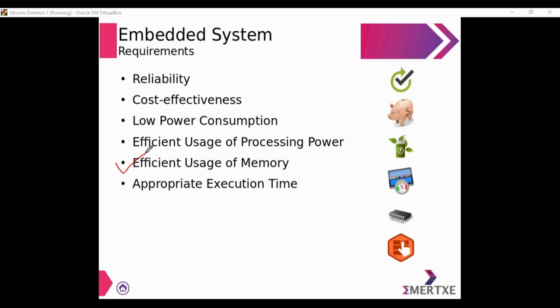You will not get as much memory as you require, so you always have to make sure memory is managed efficiently. Then appropriate execution time: any embedded system has to be executed in the appropriate time. These are the requirements of an embedded system while designing it.